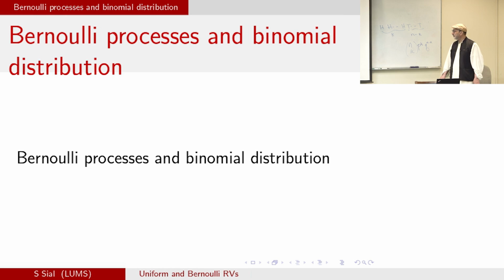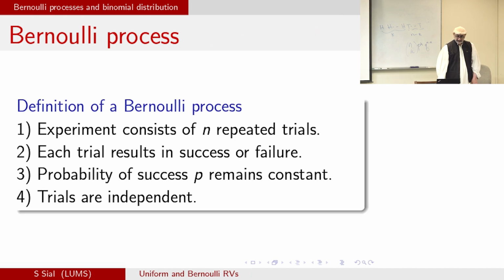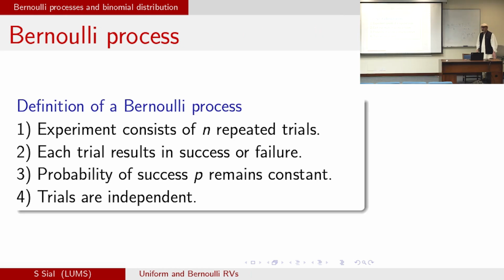So we speak of Bernoulli processes and the binomial distribution. Okay. So what we've been talking about, the coin flipping, was an example of a Bernoulli process. So you repeat the same thing n times.